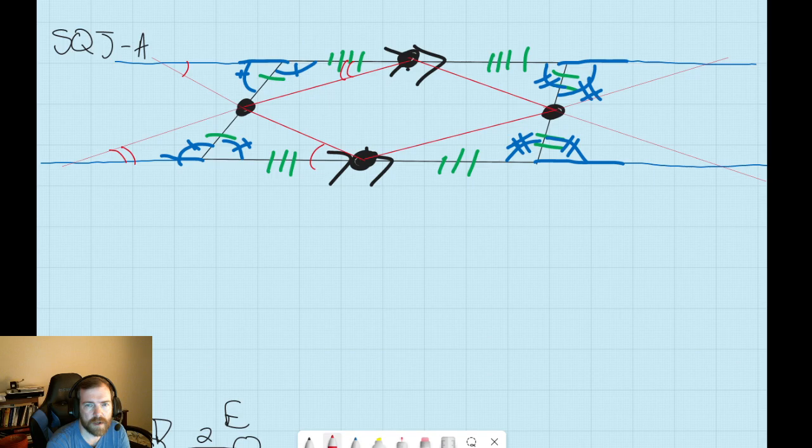Okay, so they are not necessarily exactly the same size. In fact, they can't. It depends on the angles. 3 here, 3 here. 4 there. 4 there.